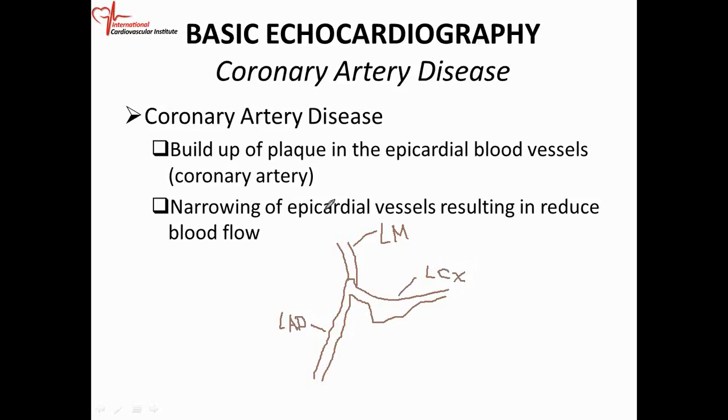Okay, so this is on the left side, the left main, the left anterior descending coronary artery, the left circumflex. And then on the right side, you have the right coronary artery. So this is the RCA.